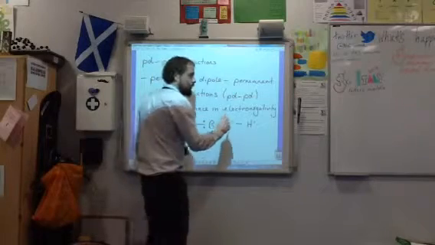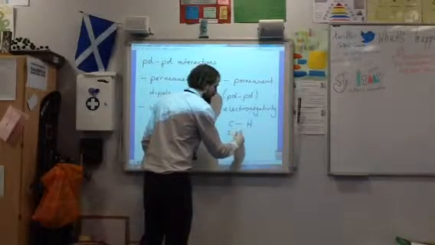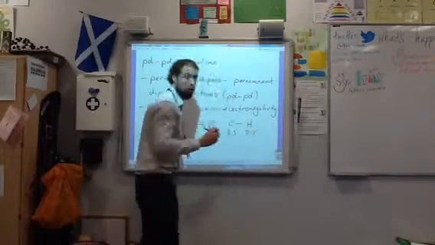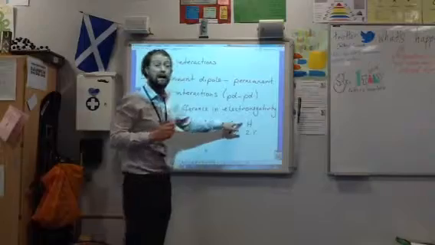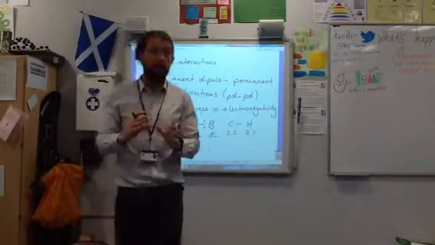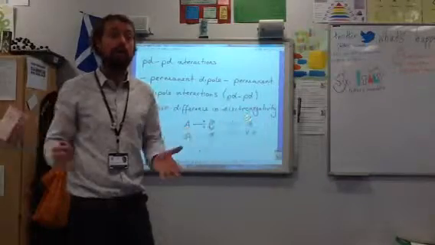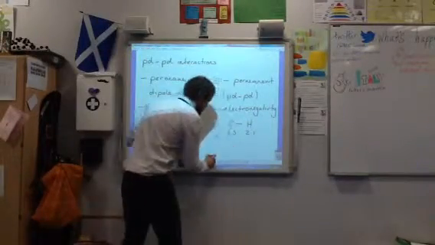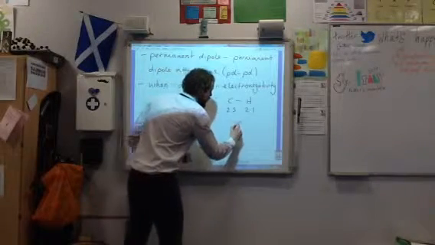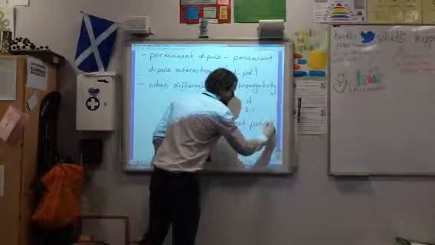Now, we use a benchmark, I think something like 2.5 and maybe 2.1 or thereabouts. We use a carbon to hydrogen bond as a benchmark because it is not considered a big enough difference to be a polar bond. So this is not a polar bond.